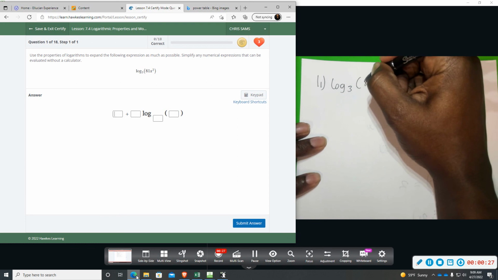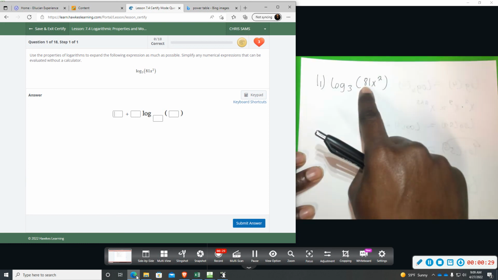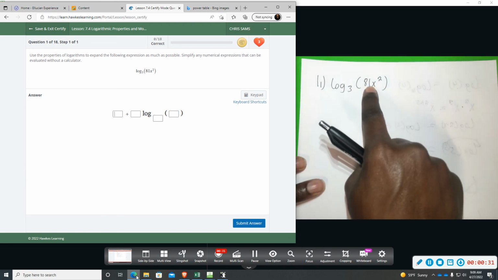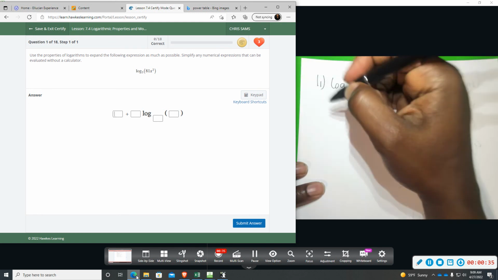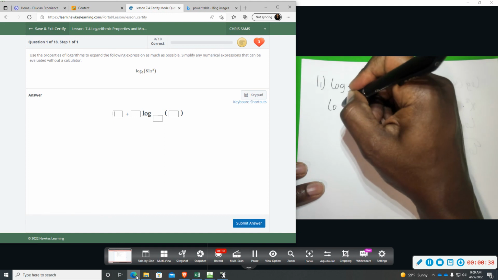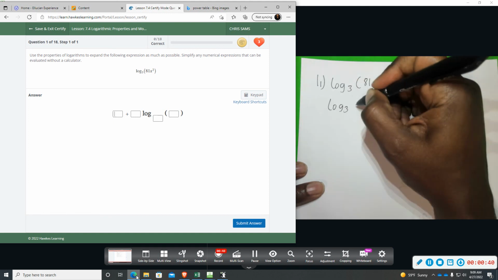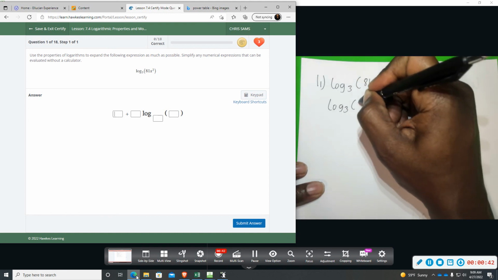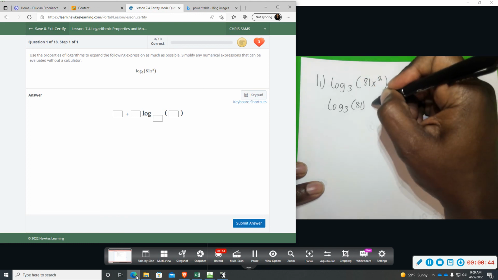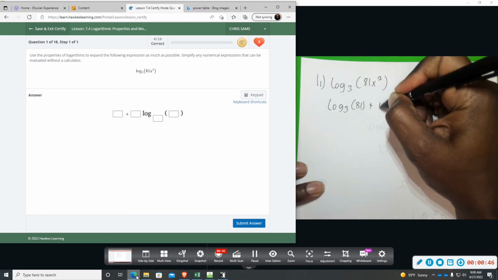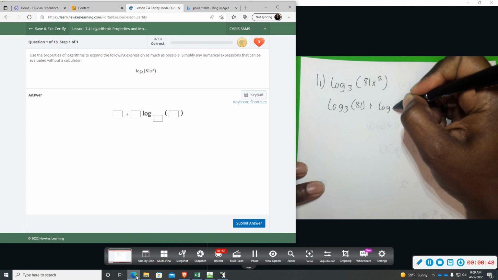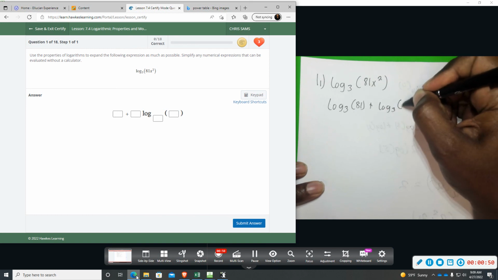The first thing we can do is use the property of logs that says when you multiply, you can write them as addition of two separate logs. So we're going to do log base 3 of 81, the number, plus log base 3 of x squared.